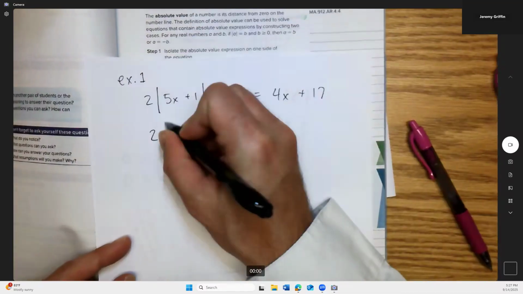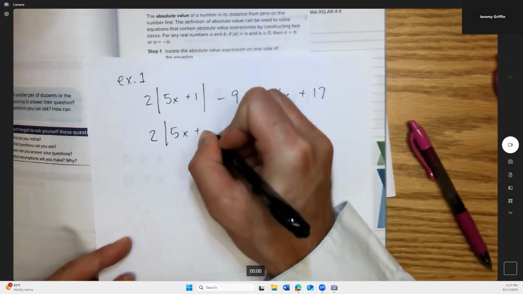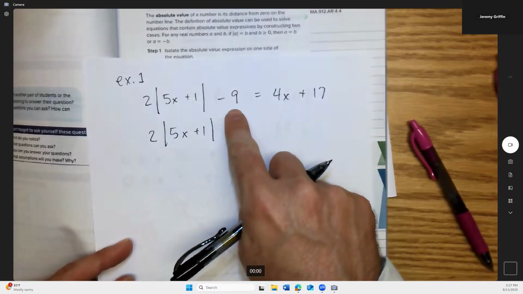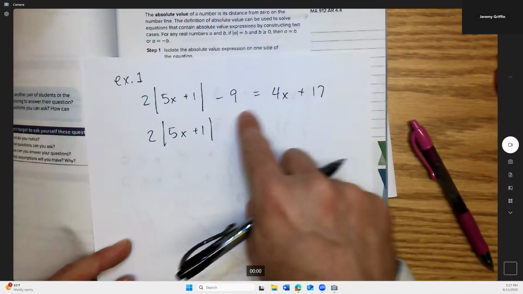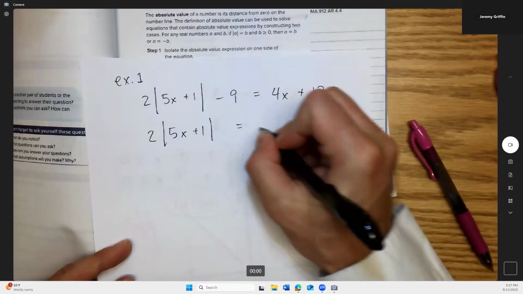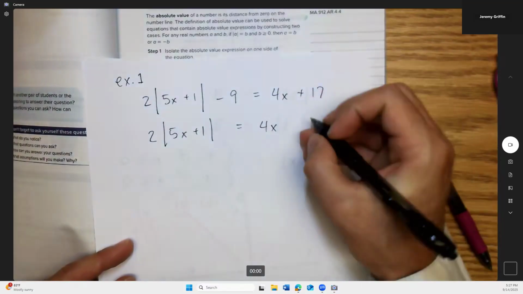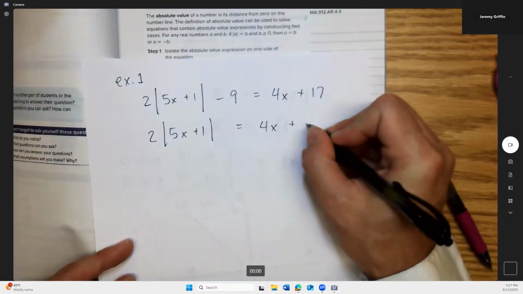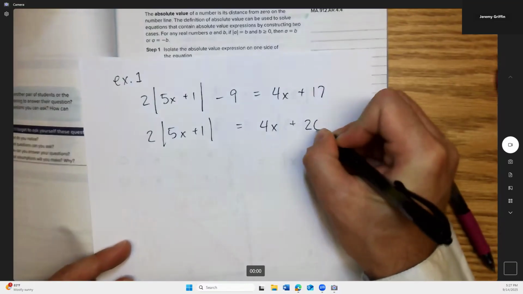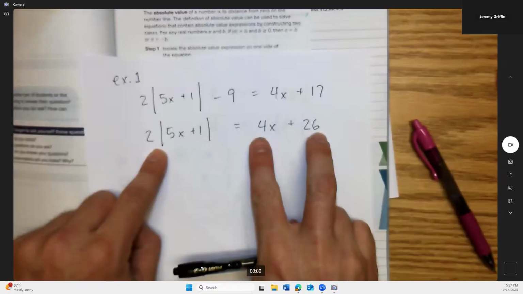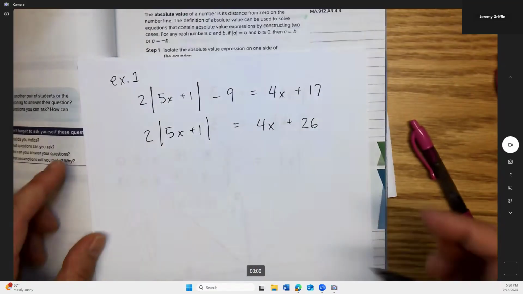So you got 2 times the absolute value of 5x plus 1. Maybe I'll add this 9 over, so that's equal to 4x plus 26. Now, I could extract a 2, or divide everything by 2.